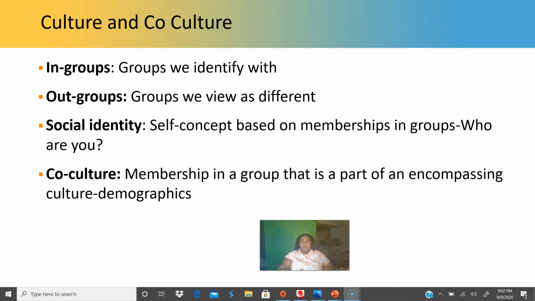So, for example, I'm African American, I'm an instructor, I live in Southern California, but I was born and raised in the Midwest. I lived in Florida for a little while. I like playing The Sims. I like cooking and learning new cuisines. Those are some of the parts of my social identity. Those are the in-groups that I most identify with. And then, like I said before, co-cultures.